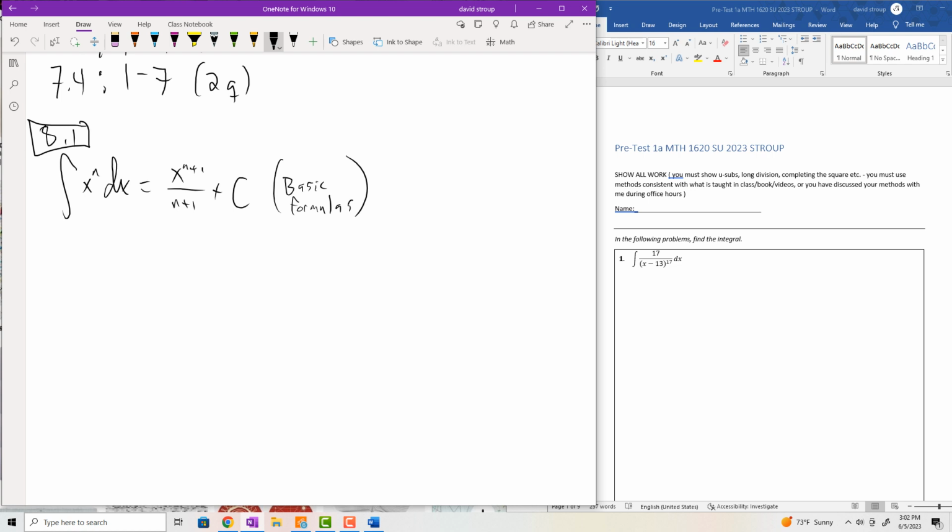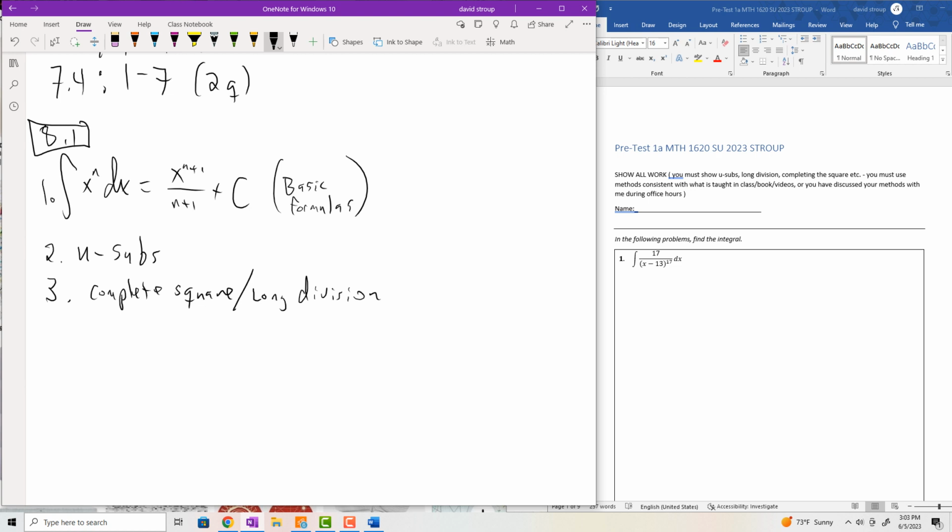Then you need to have U sub. First, basic formulas, and that's just one example of one of the formulas. Second, you should be able to do U subs. Third, you should know how to do basic algebraic transformations, such as completing the square, long division, or synthetic division if you like.